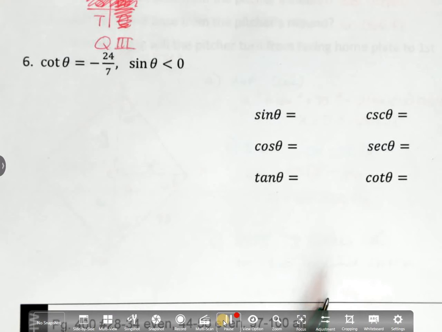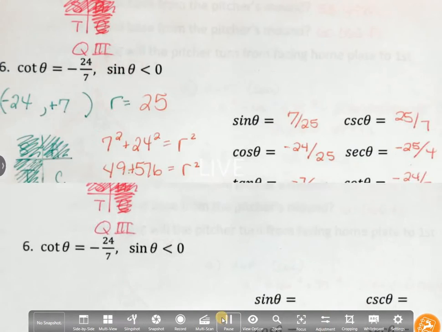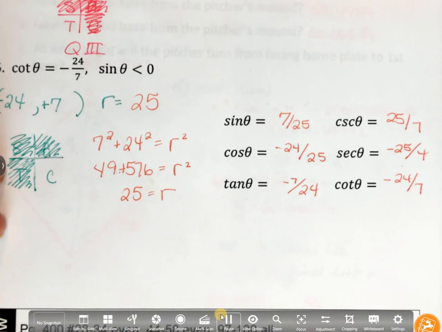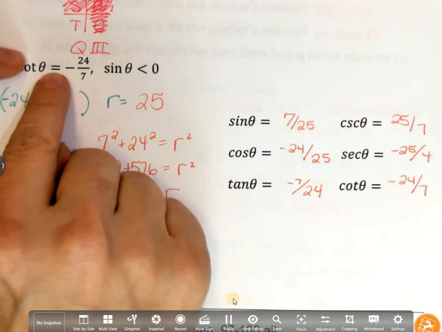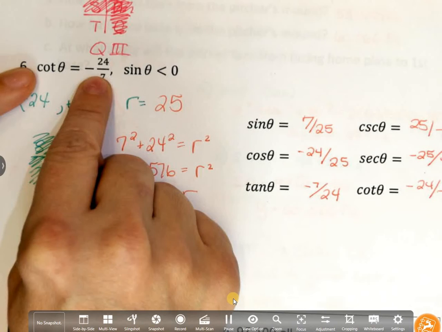Here we go. Ready for your answers? What do you think? Obviously, you'll have a few problems with radicals in them. Cotangent is negative.